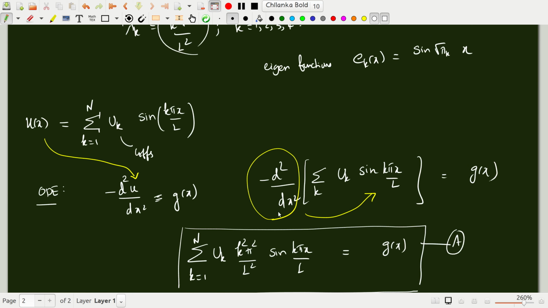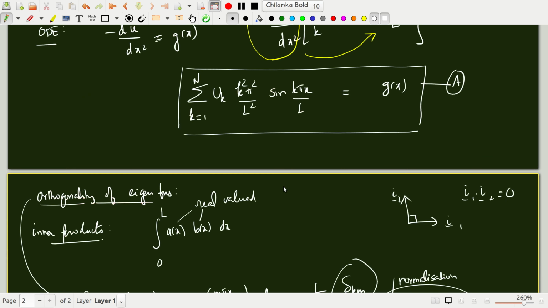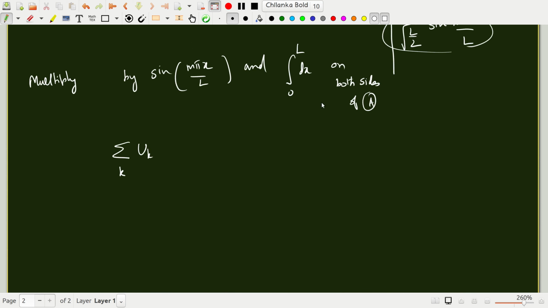You already have a sine k pi x, and then if you multiply by sine m pi x by L and do an integration, you will simply get delta km times L by 2, and then you already had k squared pi squared by L squared. On the right side you have the integral from 0 to L of g of x sine m pi x by L dx.